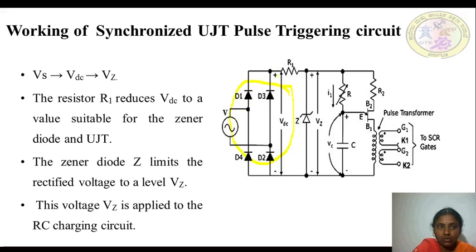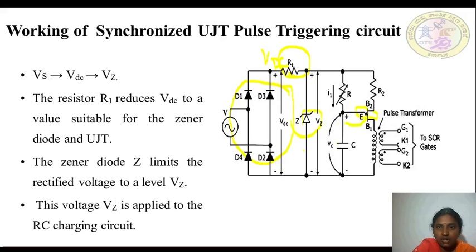So Vs is converted into VDC. Then R1 is the current limiting resistor which reduces the diode rectified output voltage VDC to a suitable value for this Zener diode and UJT.